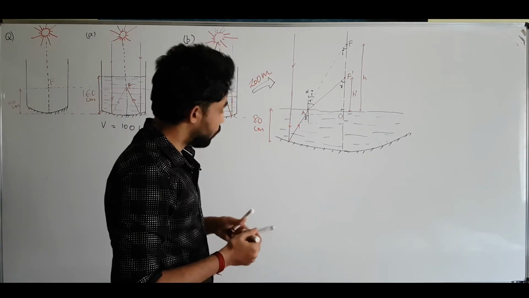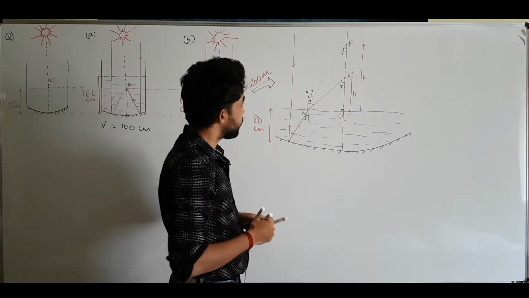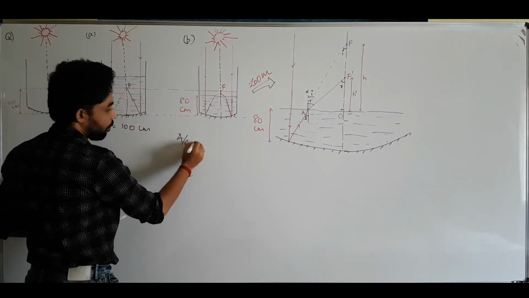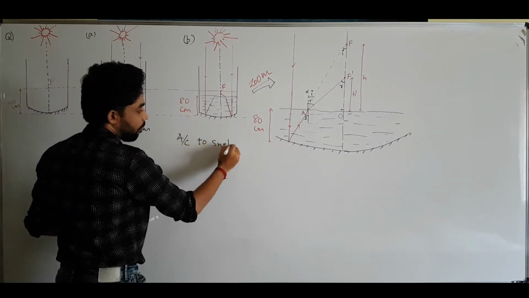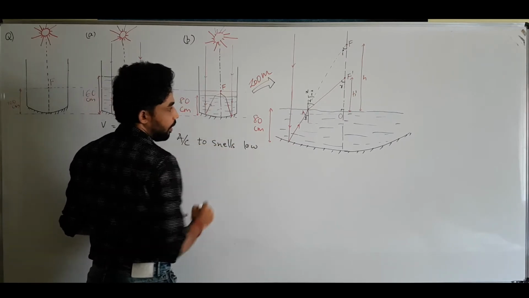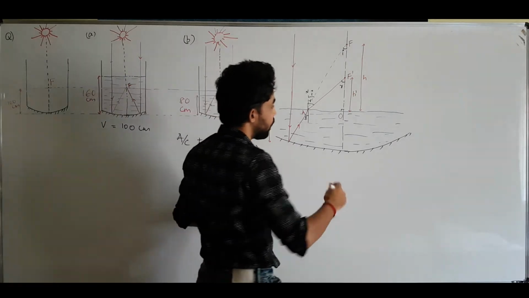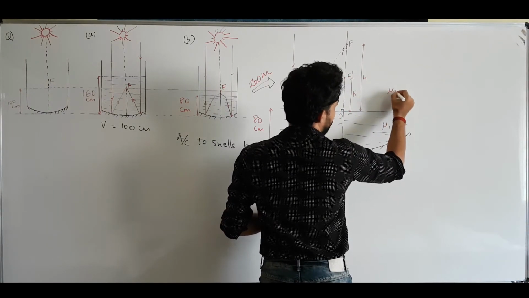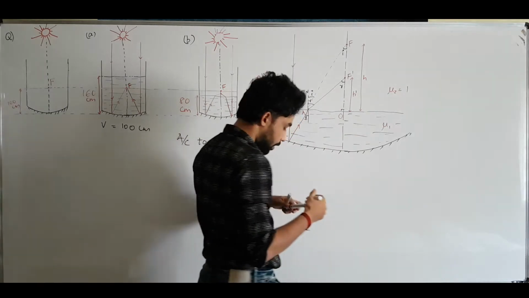To do this, I am going to take the help of Snell's law. So according to Snell's law, let me take the refractive index of water to be mu1 and refractive index of air to be mu2, which we know is 1.